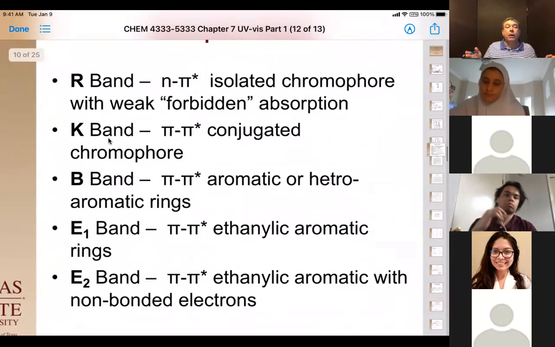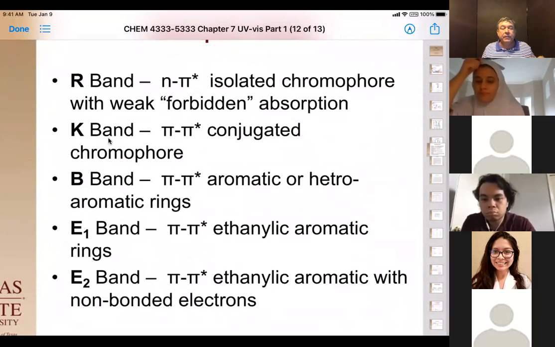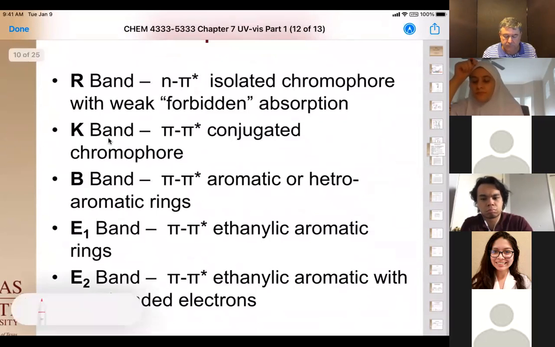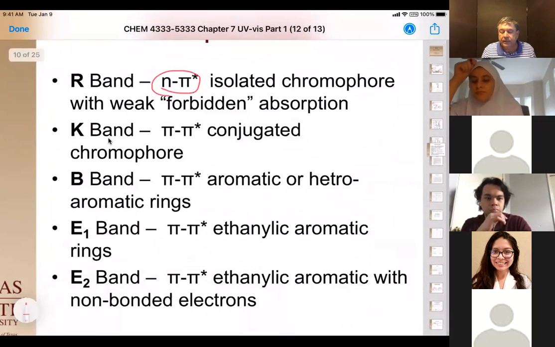Okay, the R bands are typically the sigma to sigma star or the non-bonding to sigma star. Actually, that's supposed to be a sigma. No, it's, yeah, non-bonding to pi star transition. This is for isolated chromophores, and this tends to be a weak forbidden transition.